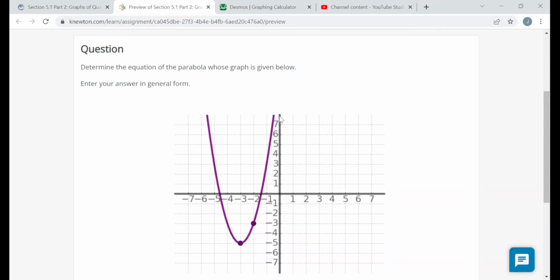So if you remember from section 5.1 part 1, if the parabola is opening up, then the lead coefficient of my quadratic function is going to be positive. And we have the vertex, this lowest point at (-3, -5). And we're also given another point on the graph of this parabola at (-2, -3).